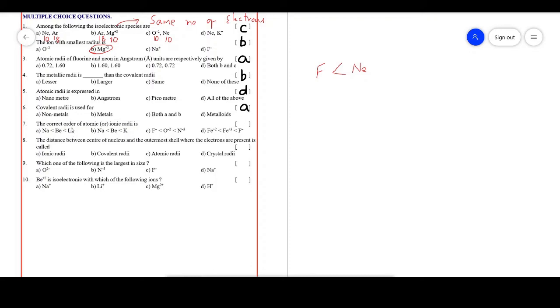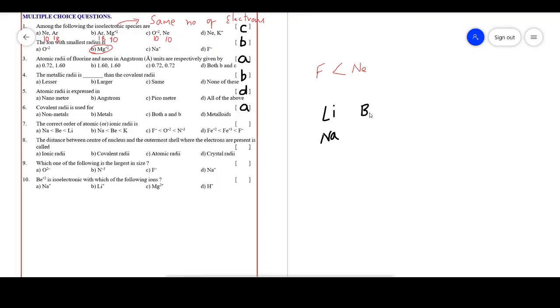Next, the correct order of atomic radius is. Different ions are given. Let us see sodium, beryllium, lithium. Let us write these elements in proper order. The first element is lithium, below lithium we have sodium, and beryllium is here.